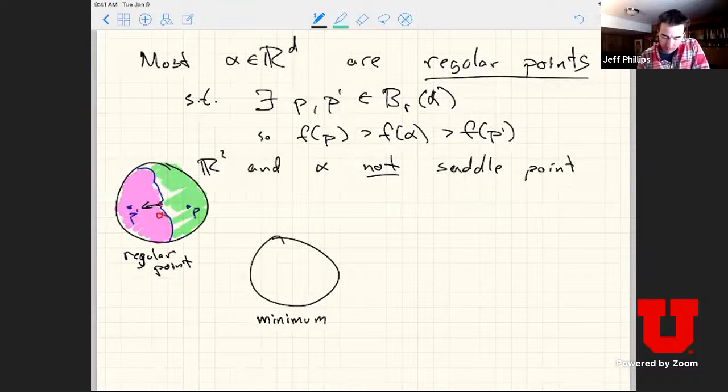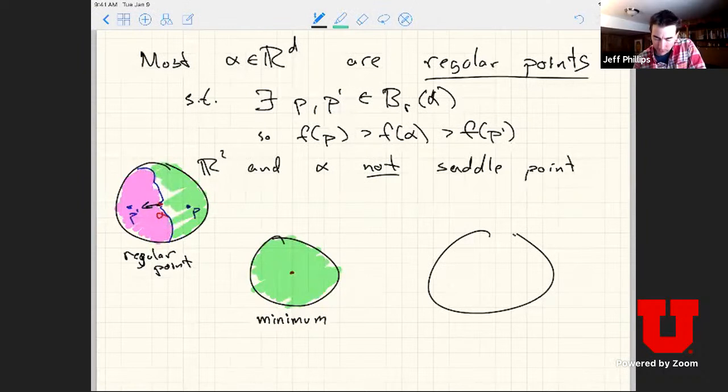For this minimum point, all the points are going to be larger, so everything is going to be green. And you can also have a maximum point, where all the points are going to be smaller. Everything in this local neighborhood.